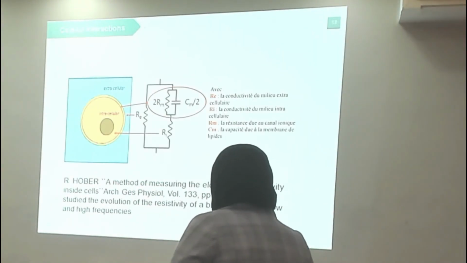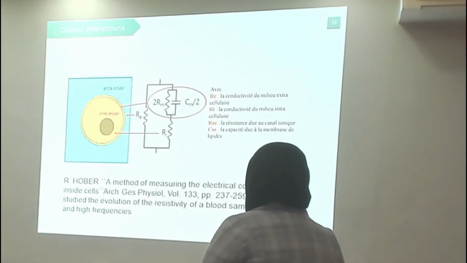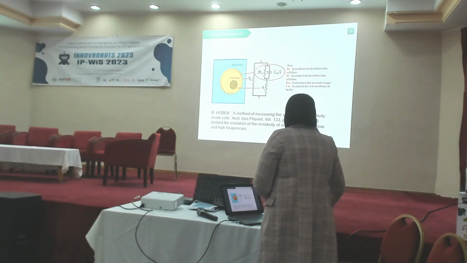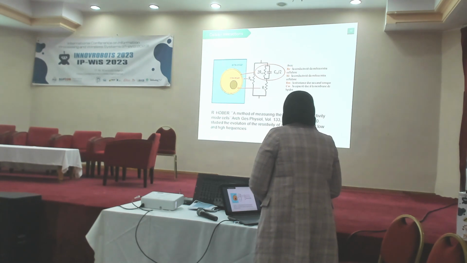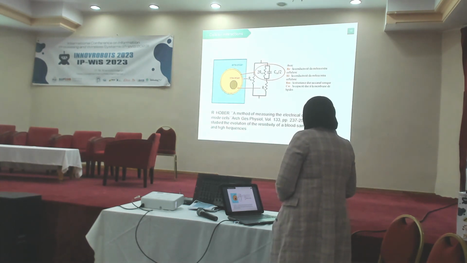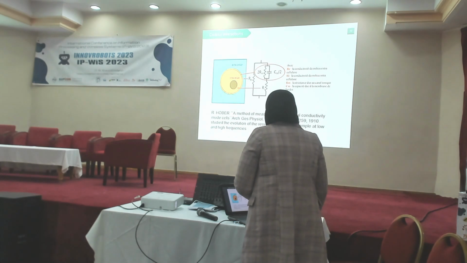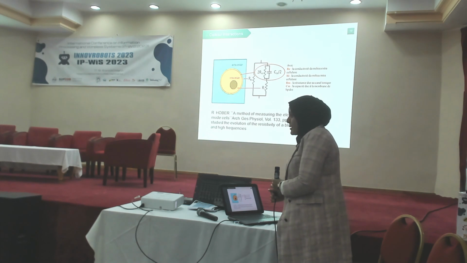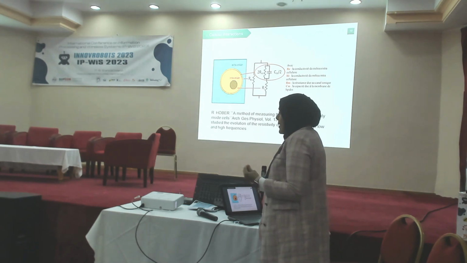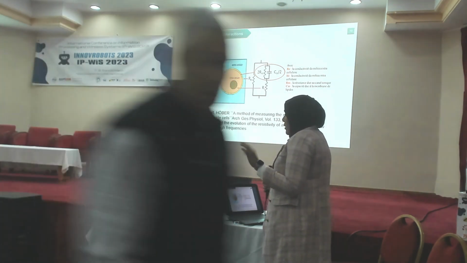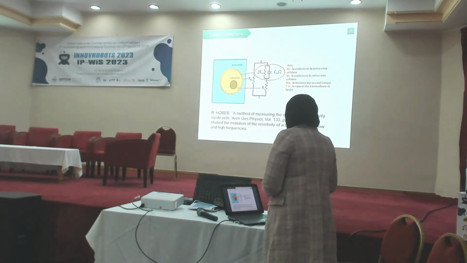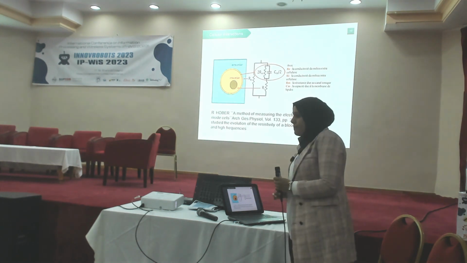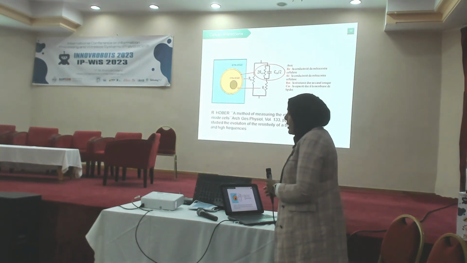The cellular interaction. In a study, Haber evaluated the resistivity of a blood sample at low and high frequency, and the result is a different response in low frequency and high frequency, because the cells don't have the same permittivity in low and high frequency.